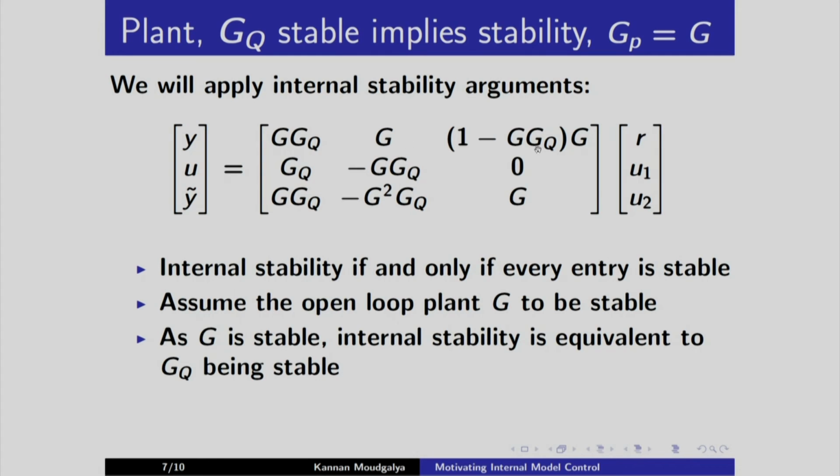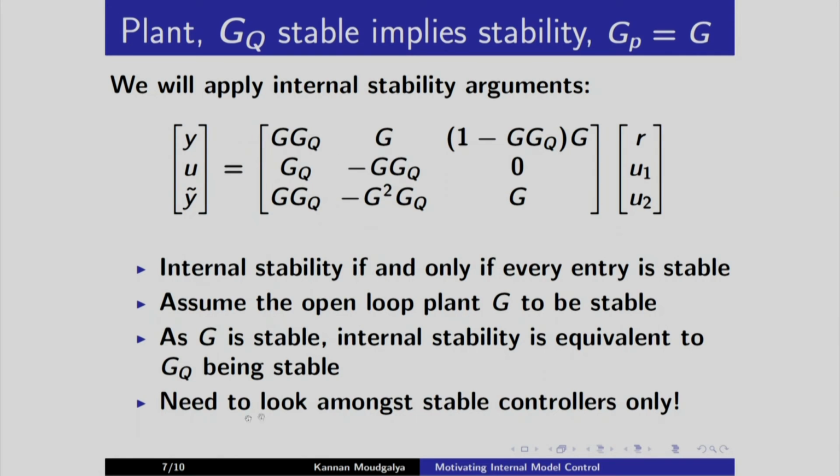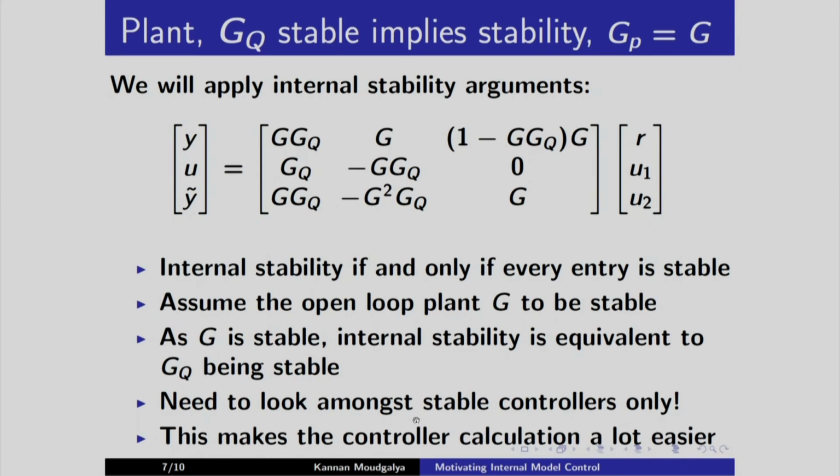As a result we see that every entry will be stable only if Gq is stable. As a matter of fact, if Gq is stable then every entry will also be stable. So we need to look amongst stable controllers only, because the internal stability is equivalent to Gq being stable. This makes the controller calculation a lot easier, as I mentioned earlier.